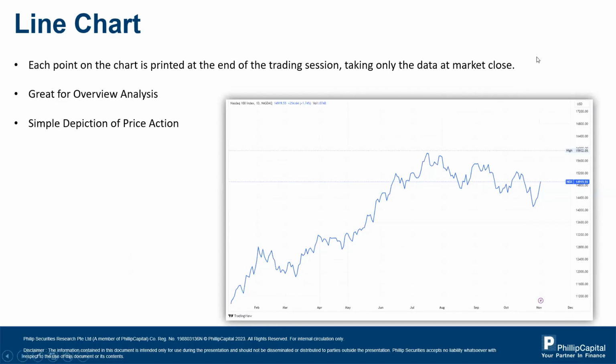It's not so much about how high it went or how low it went, and you don't see the colors, you just see one whole line. When you enter a trade with a line chart, you won't be so scared, because it's only showing you simple data, which is the closing data. So once again, the chart you use is very, very important.